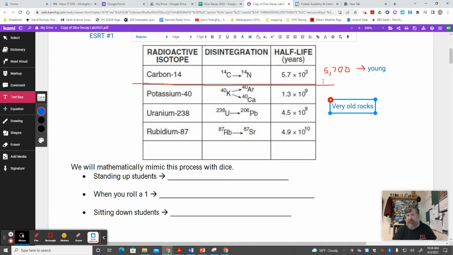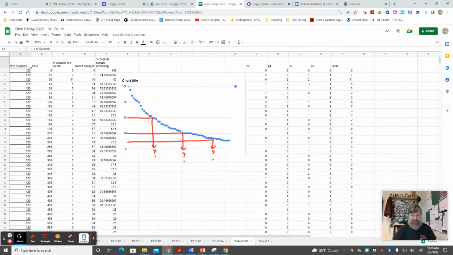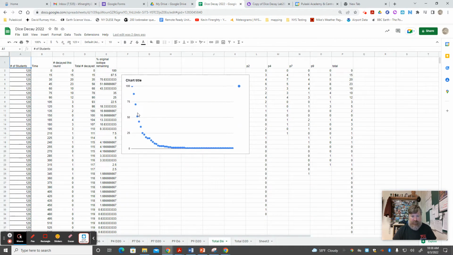Because think about this. Those rocks up in the St. Lawrence, let's say they're 1.3 billion years old. If I go back to my graph, if this gets so flat that you can't tell the difference anymore, by the time it gets down here, it's just flat. What if you take half of that? You can't tell. And half of that, you can't tell anymore. You run out of usability here.